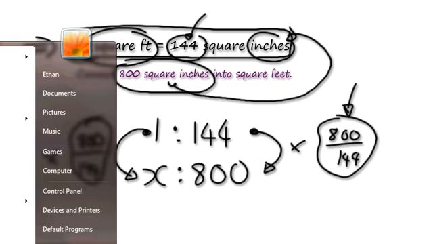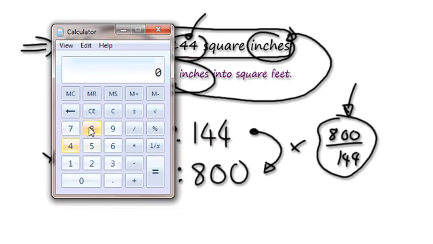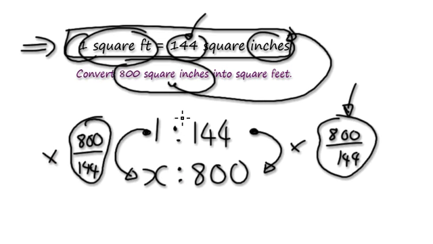800 divided by 144 equals this. So this is our multiplier, 5.5555. It's 5.55 recurring.